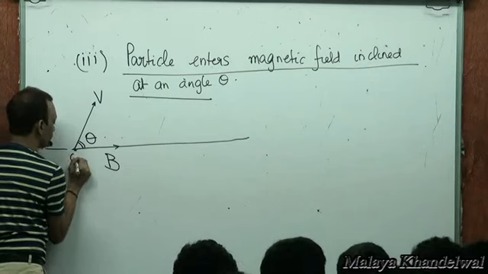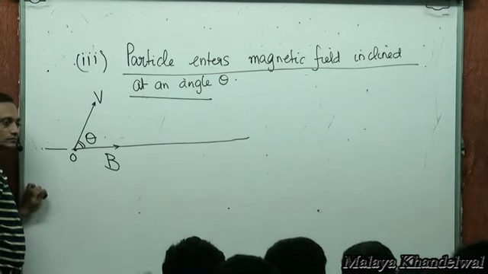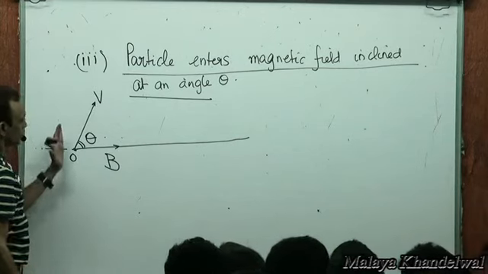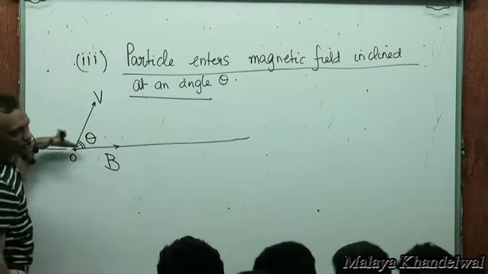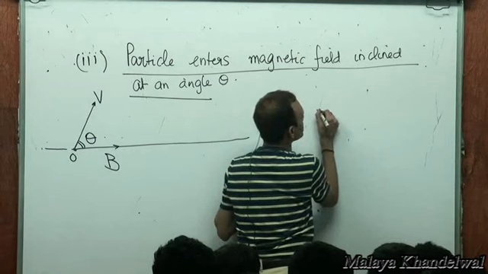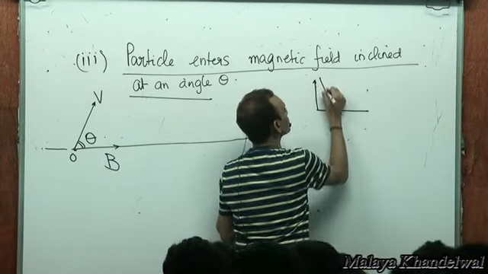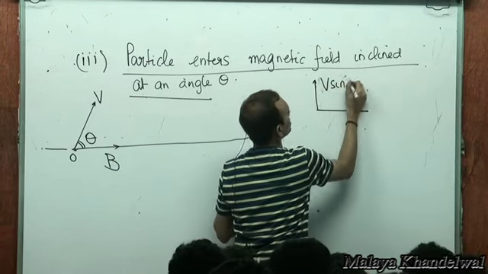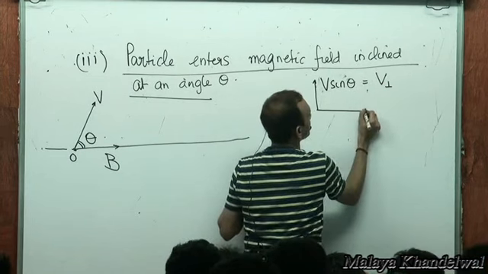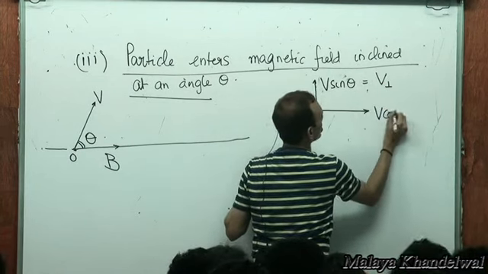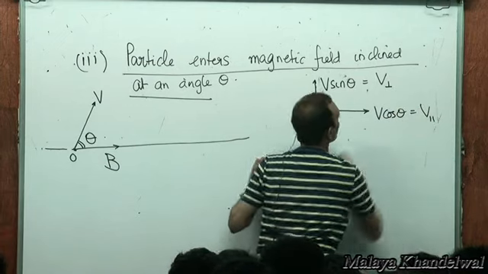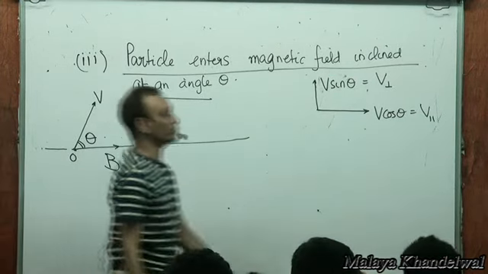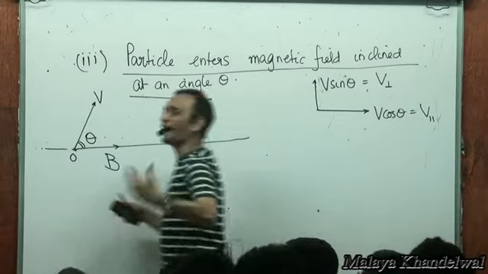This is the point O where it enters. Now this v could have been resolved perpendicular to B and axially, which is parallel to B, right? So this v could have been resolved as v sin theta as the perpendicular component, and v cos theta as the parallel component. v cos theta is also called the axial component.